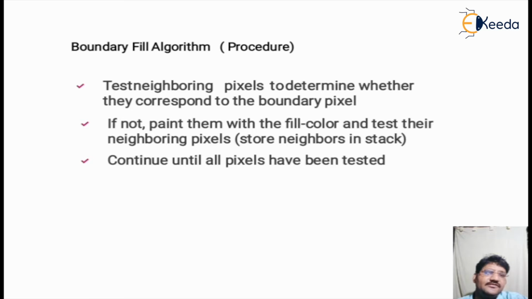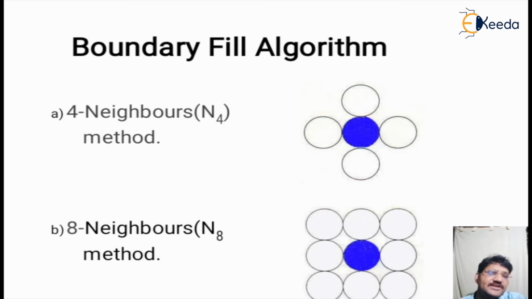These pixels will be stored in a stack. This process continues till all pixels have been colored. To identify the neighborhood pixels of a seed point, we have two concepts: first is 4 neighbor or N4, and second is N8 or 8 neighbor method.